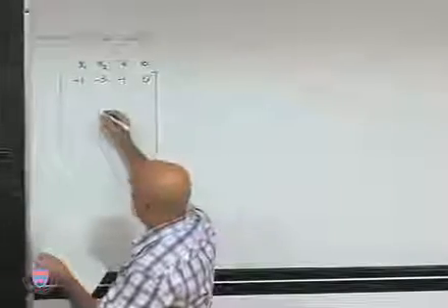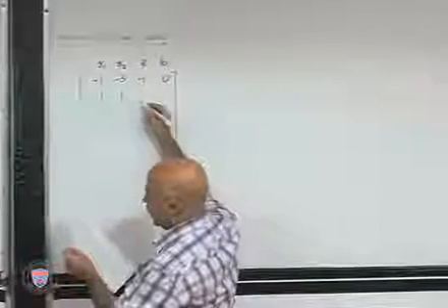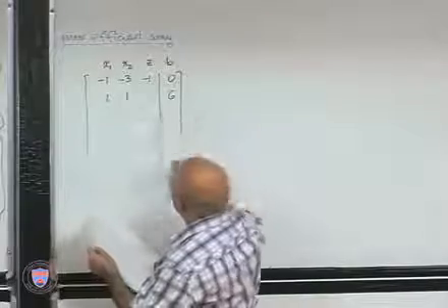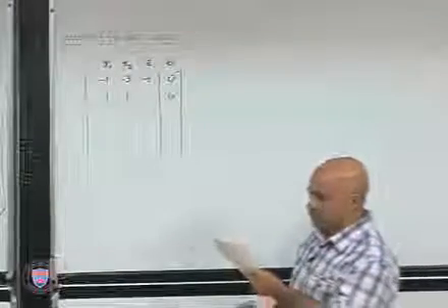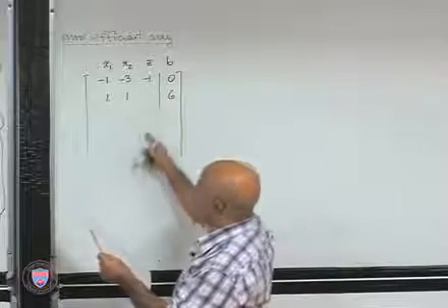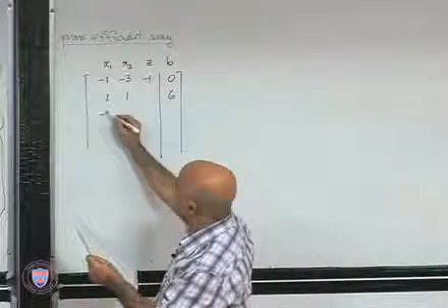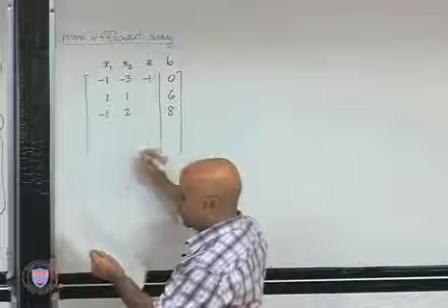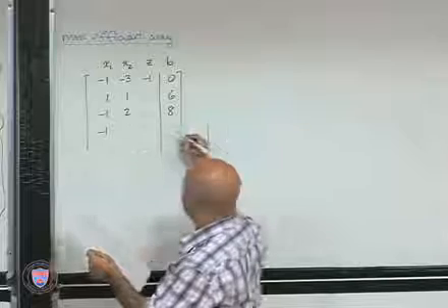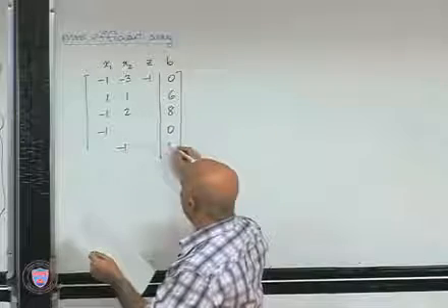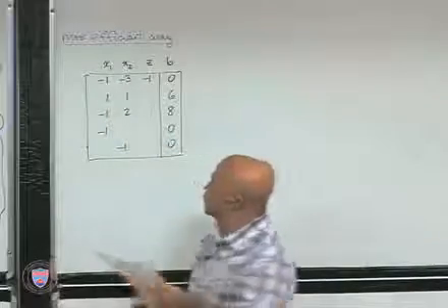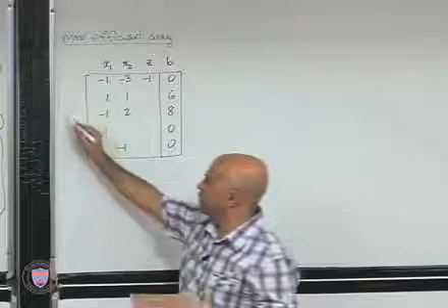And the second expression is 1, 1, 0, and 6. Let's just separate the right-hand side out. The omitted ones are 0. -1, +2, 8, -1, 0, -1, 0. So that's my matrix for the first system.